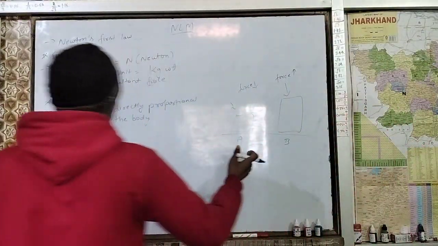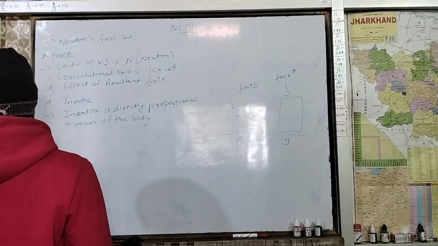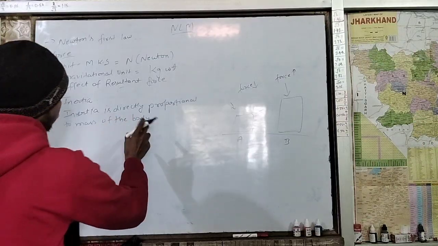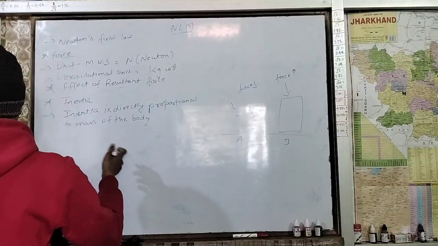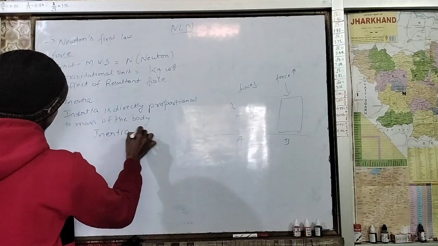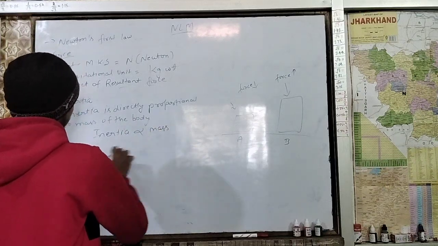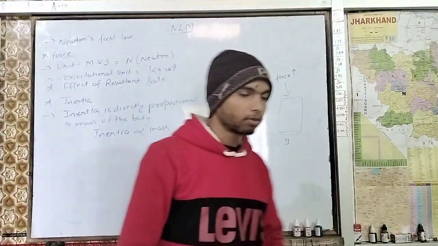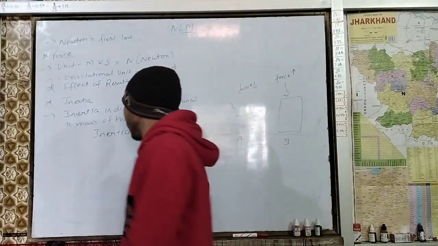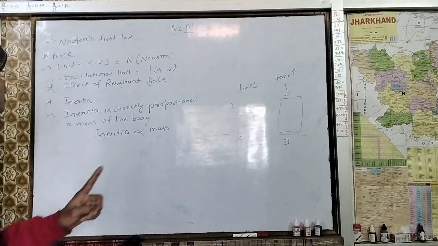This is the meaning of inertia being directly proportional to the mass of the body. We can convert this sentence into mathematical language: inertia is directly proportional to mass, with the proportional symbol. It means if the mass of the body increases, inertia will also increase. If the mass of the body decreases, inertia will decrease.